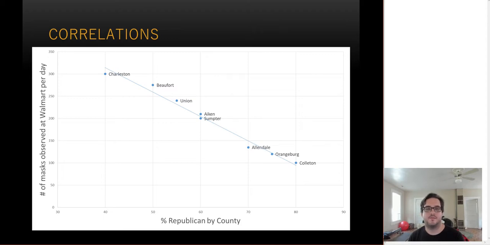You guys see that? So as the percentage of Republicans increases, the number of observed masks goes down. So we're seeing that they are related to some degree. We're not sure how strong this relationship is, but given that there is this trend where you have Charleston at the top left, Colleton at the bottom right, and those are the two most different in the percentage of Republicans, there seems to be a trend here.